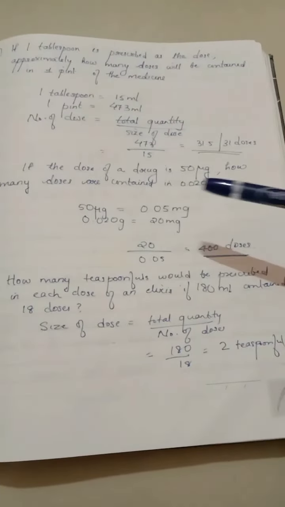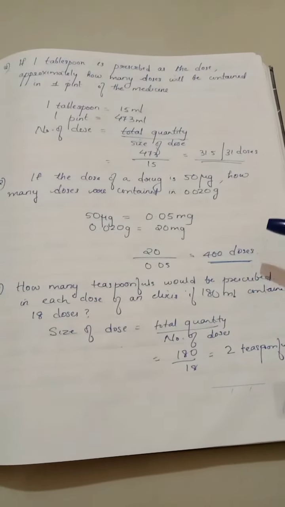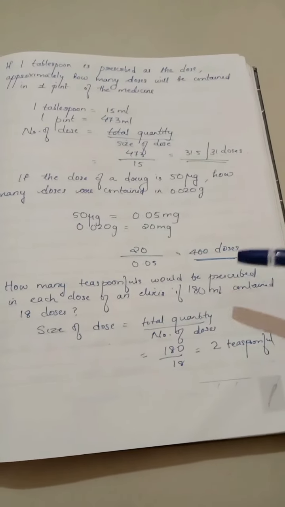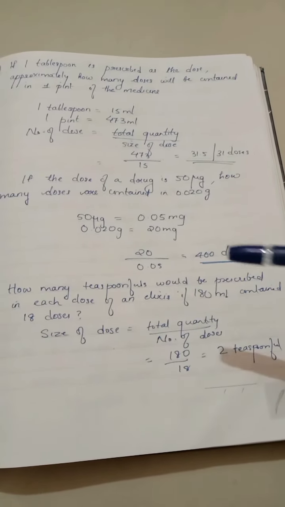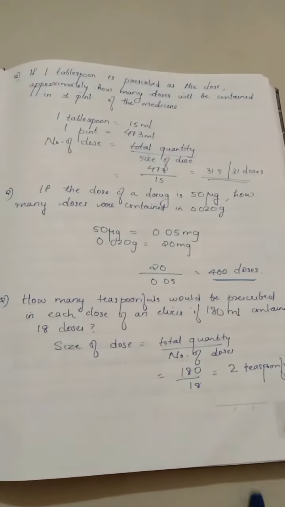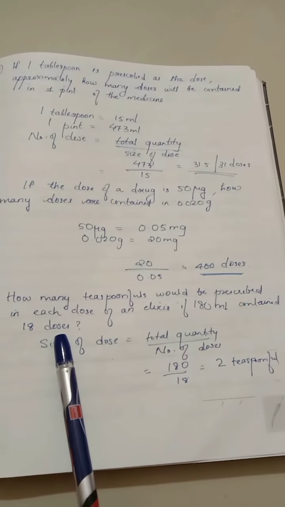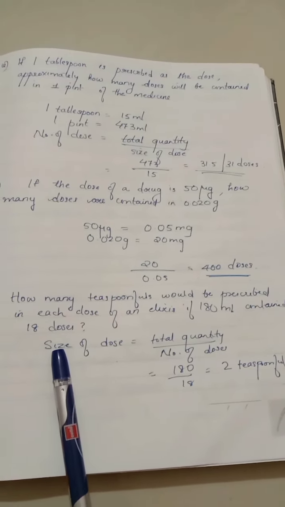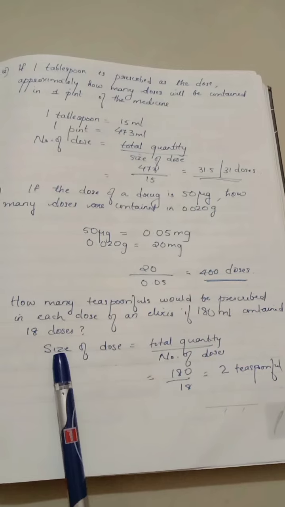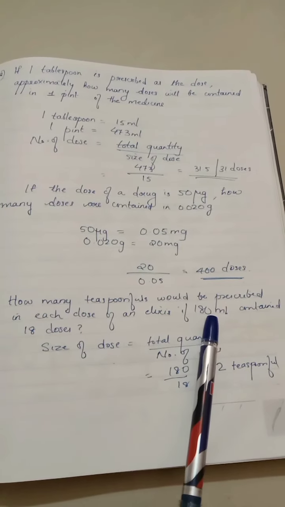Now the next question: how many teaspoonfuls would be prescribed in each dose of an elixir if 180 ml contain 18 doses? Here the number of doses is already given, 18 doses, and the total quantity is also given, 180 ml.